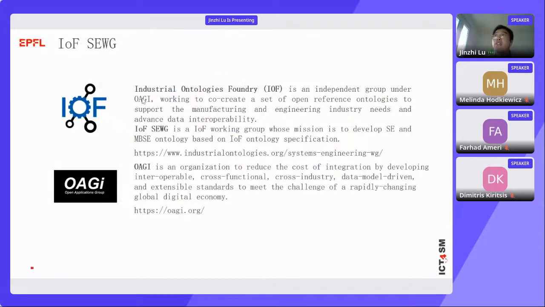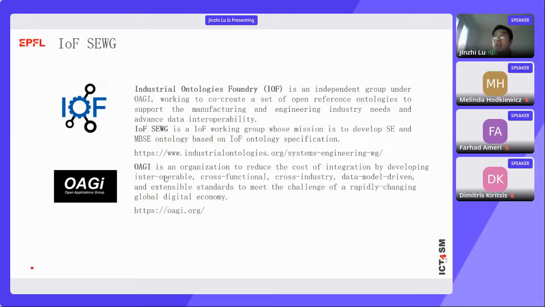Our IOF is an independent group under OAGi, working to co-create a set of open reference ontologies to support the manufacturing and engineering industry's needs and advanced data interoperability. And our IOF Systems Engineering Working Group is one of the IOF working groups, whose mission is to develop systems engineering and model-based systems engineering ontology based on the IOF ontology specifications.